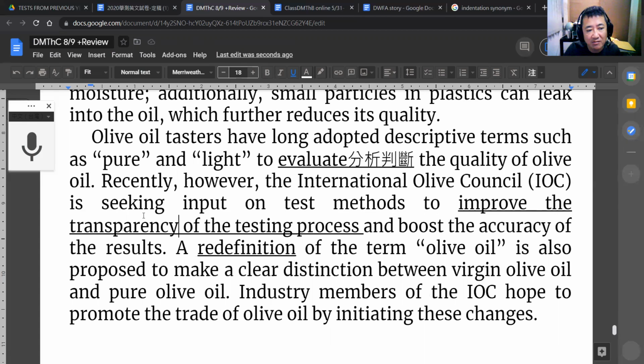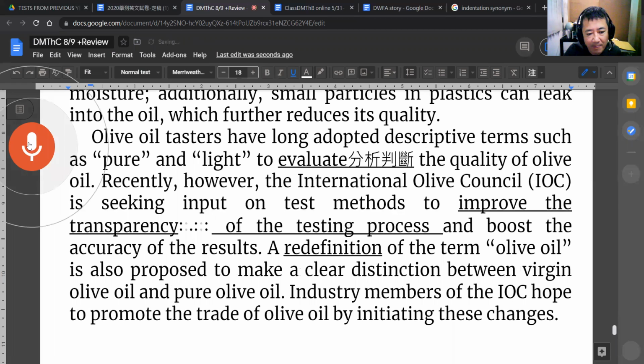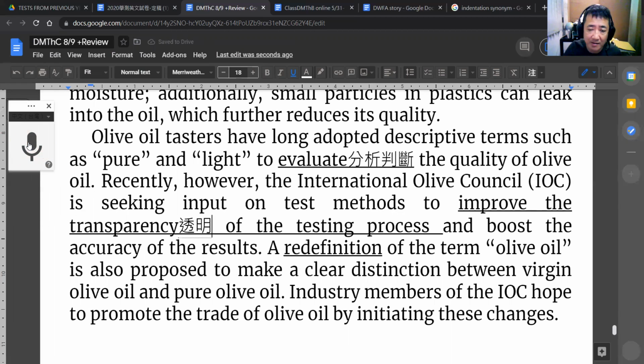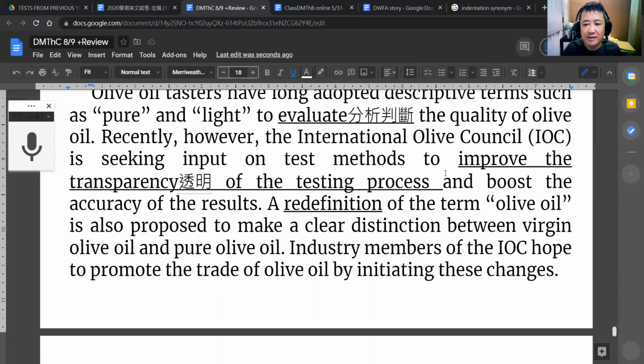Transparency is 透明, right? So 透明化 the testing process. Instead of relying on people, 好吃不好吃, they want to have more definitive standards. And boost the accuracy, the 准确度 of the results.